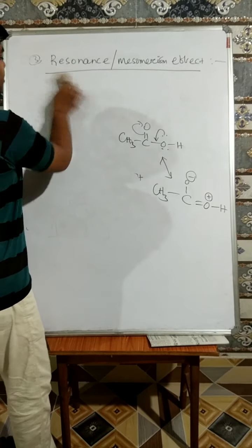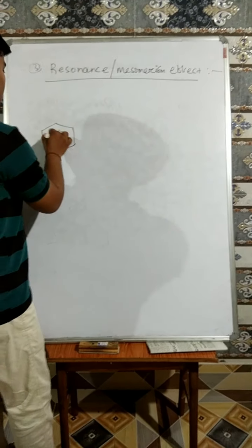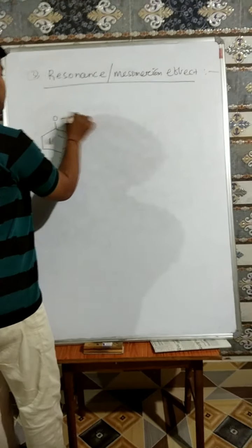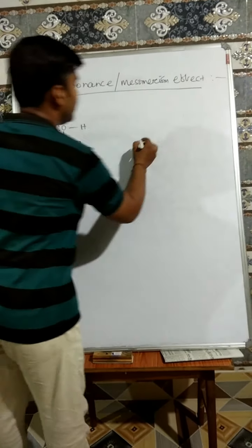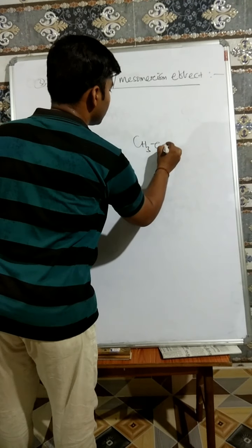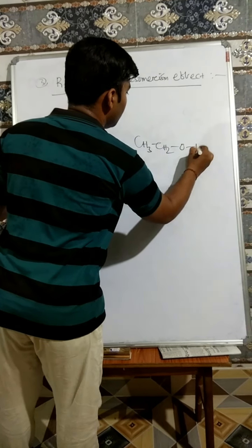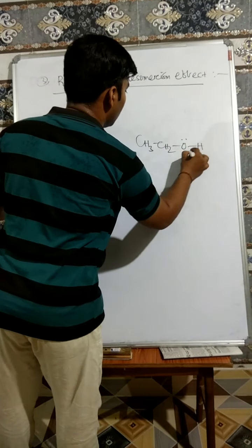Another example we can also take up. Suppose phenol. Phenol is more acidic in comparison to any aliphatic alcohols. Suppose you take ethyl alcohol and phenol. Here, phenol can show more resonating structures.